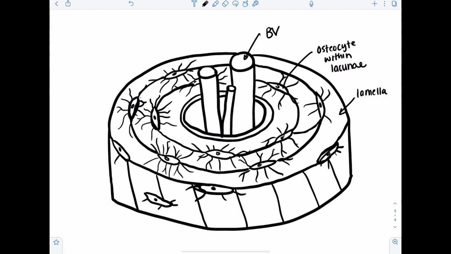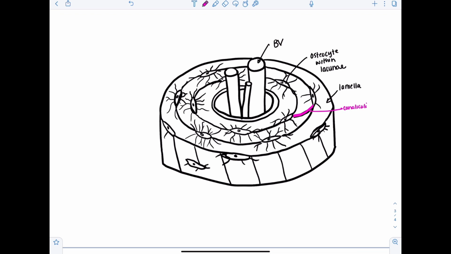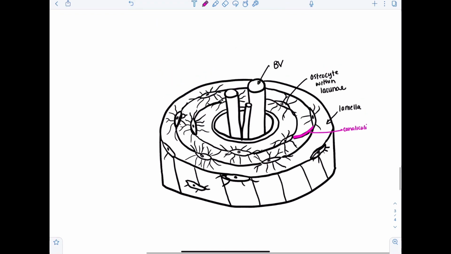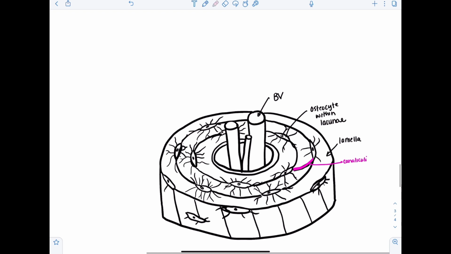See these projections right here? Let me do it in a different color. These projections right here, they are connecting through canaliculi. So that's what we're seeing here. Those are the different markers that make up this system, right? This whole thing is an osteon. And then of course we see that there are different layers. So we have different tissues that will line the different areas for each of them.